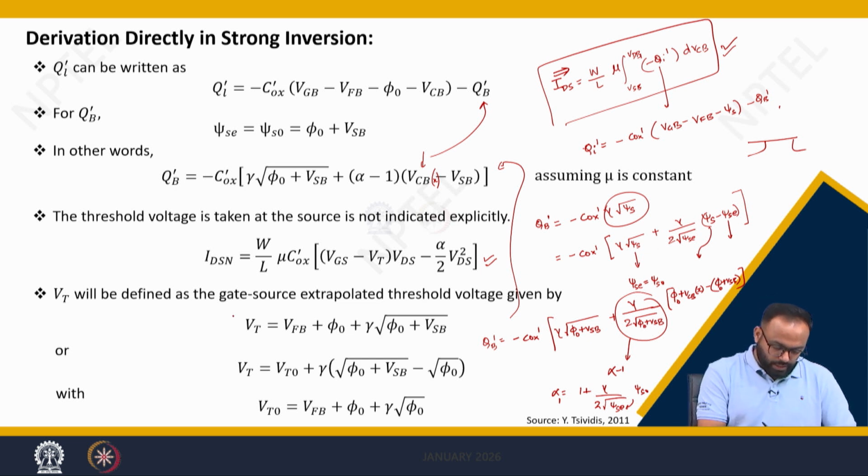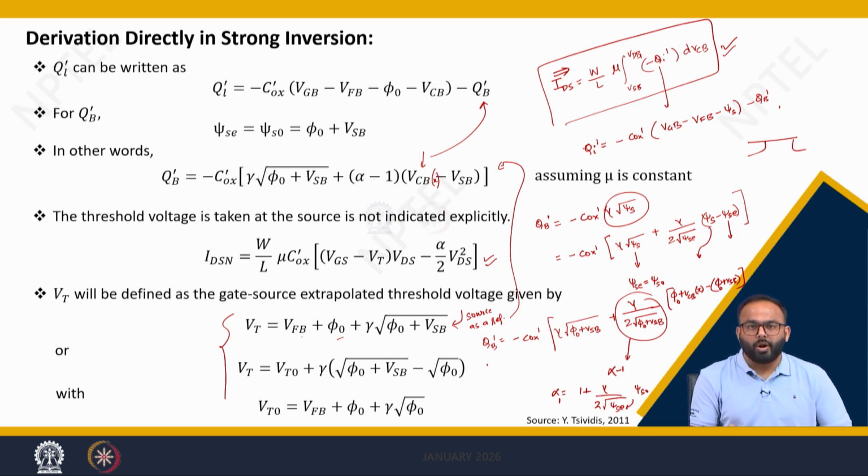where these quantities we have already defined in the previous slide: Vt is nothing but the flat band voltage plus phi naught plus gamma times the square root of phi naught plus VSB, where you are calculating the threshold voltage with respect to source as a reference. Whereas if you need to calculate in terms of body as a reference, you need to add VSB.